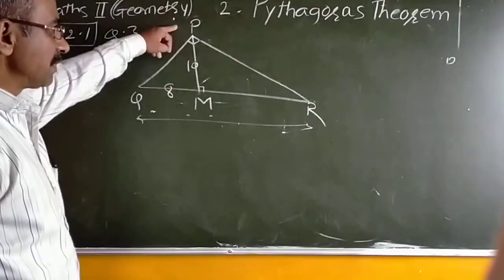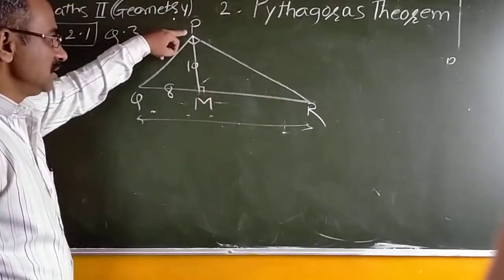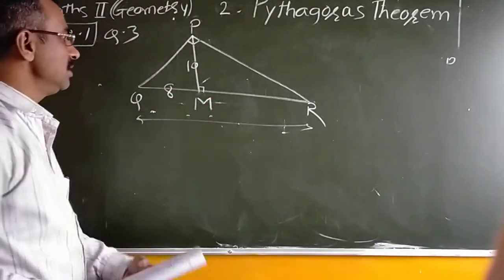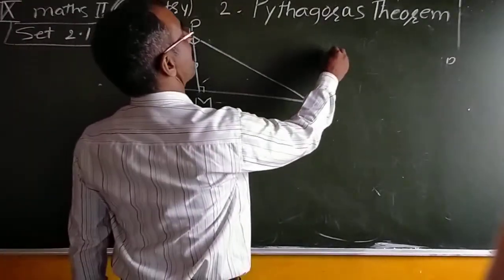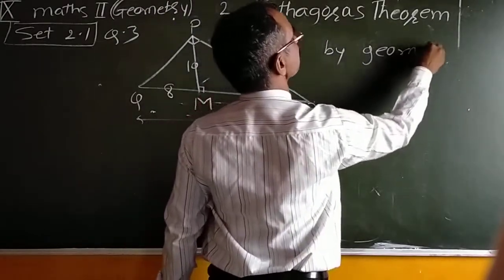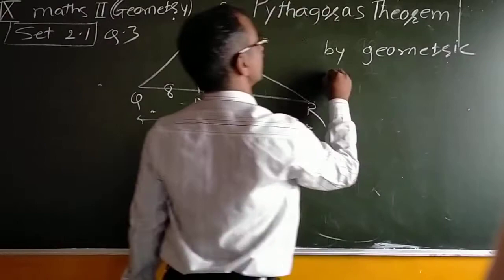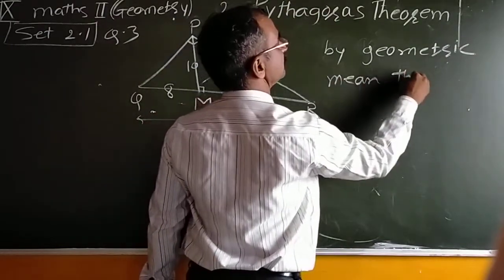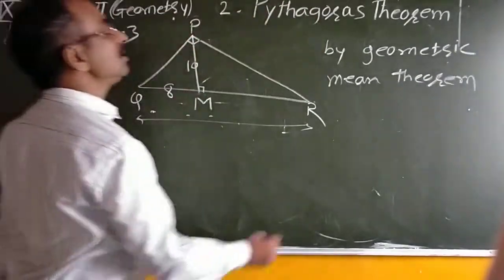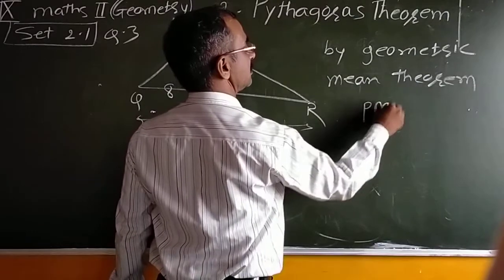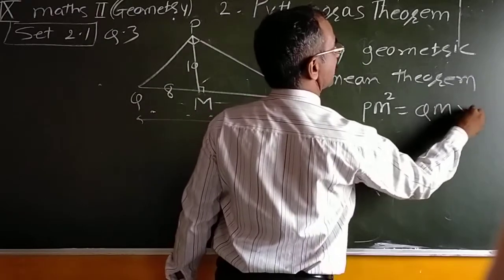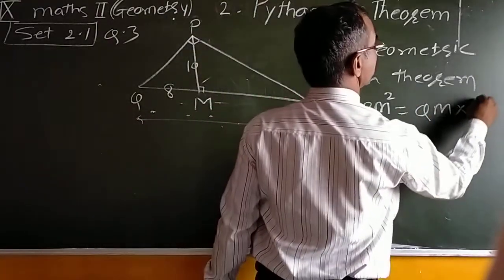The PM square, the perpendicular drawn on a hypotenuse, is equal to the multiplication of the segments QM and MR. By the geometric mean theorem, the square of the perpendicular drawn on a hypotenuse is equal to the multiplication of QM and MR.